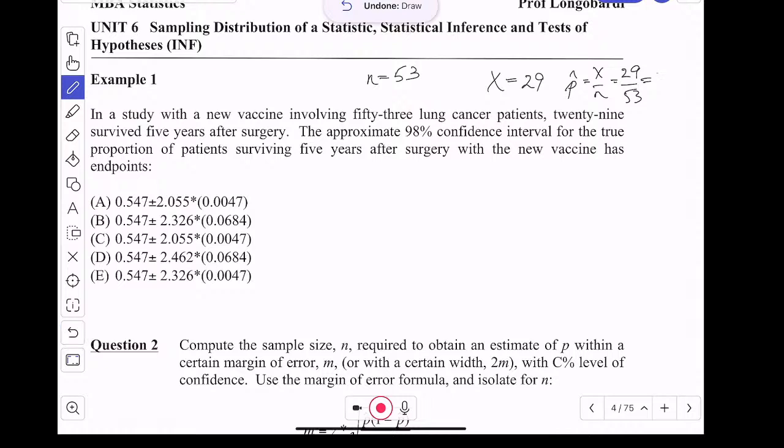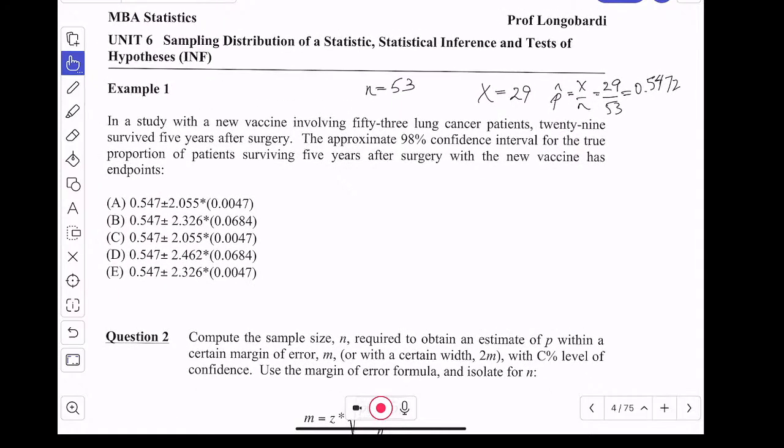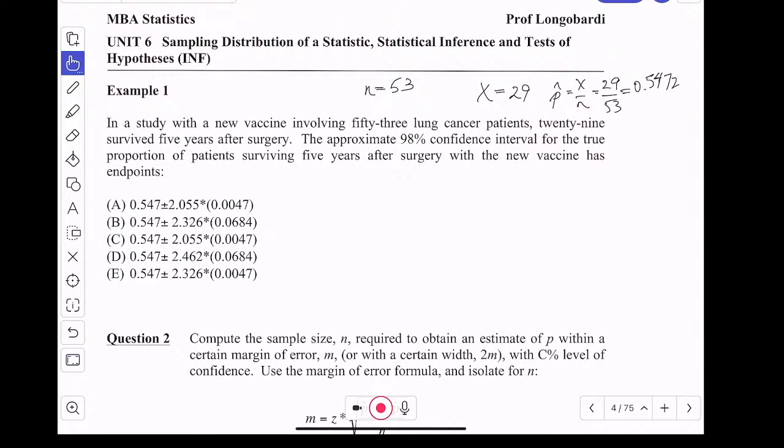That's one other trick that you need to know to get my answers. Although the options here have 2, I stick with 4 decimal places, usually. So this is the sample proportion. More than half of them survived. So this gives me an estimate of the survival rate, okay, the chance of survival.